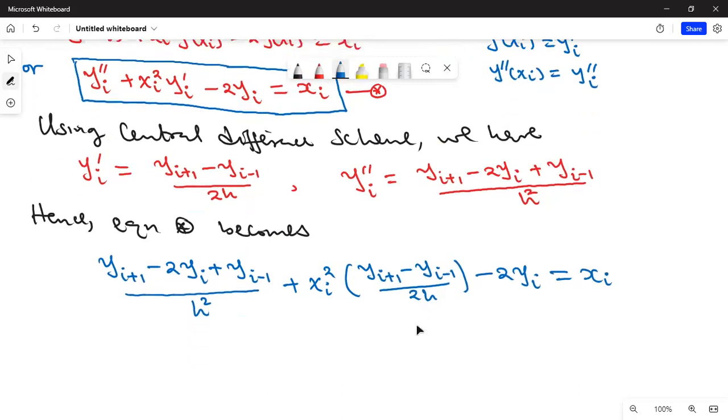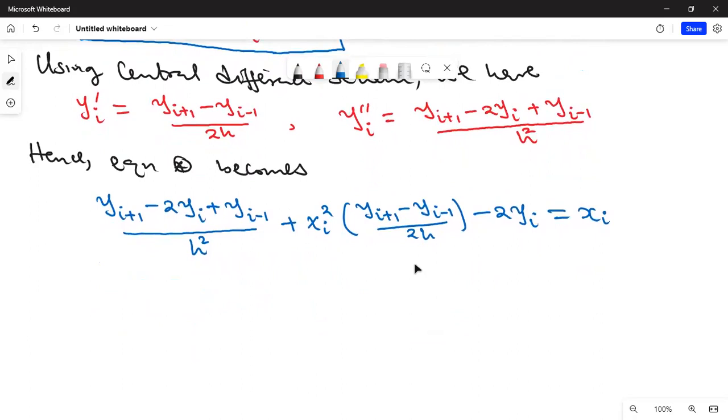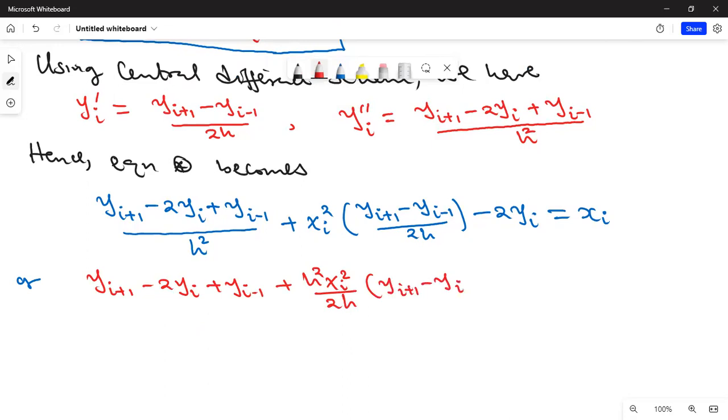Let's multiply through by h squared. I want us to simplify. So when I multiply by h squared, I'm going to get yi plus 1 minus 2yi plus yi minus 1 plus h squared xi squared over 2h into yi plus 1 minus yi minus 1, then minus 2h squared yi is equal to h squared xi.